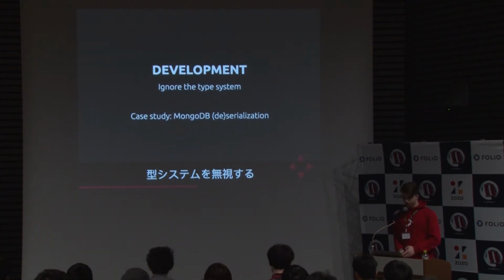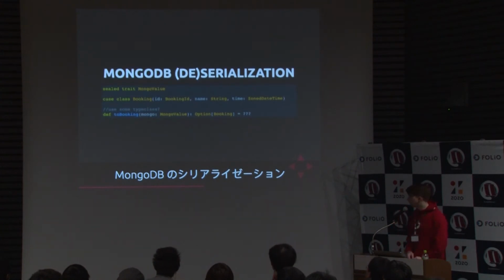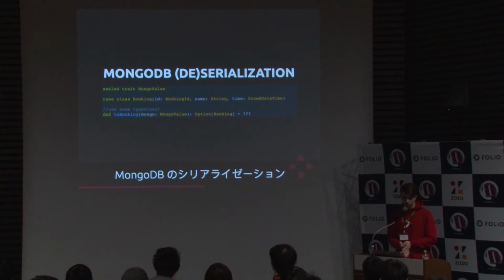Now another problem. Let's imagine we want to deserialize data coming from MongoDB. As I said, there would be MongoDB in the samples. So let's look at this example code. We'll have a trait called MongoValue, which will represent the data inside the database. And we have a case class Booking with 3 fields, so nothing really crazy. And we'll need some way to convert this MongoValue to a Booking in the simplest way, so with just an Option.